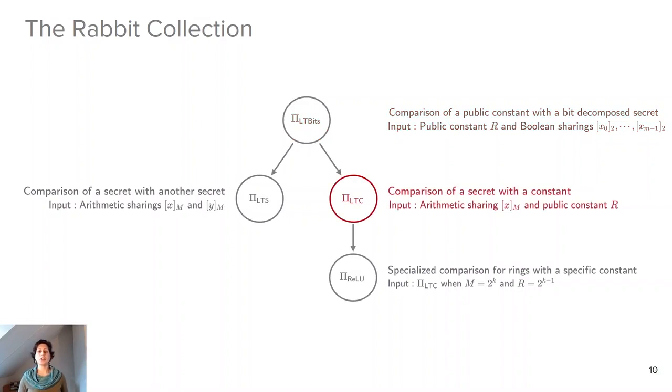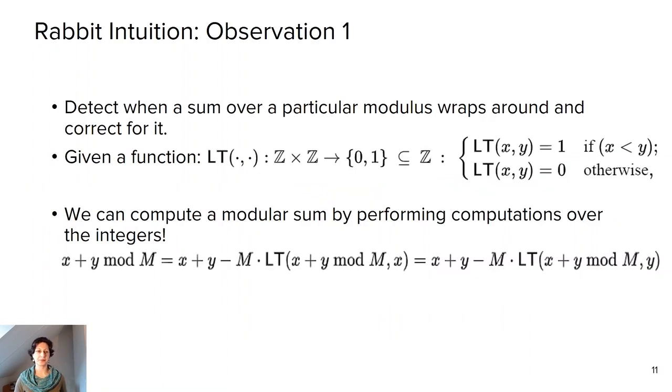This is a protocol that implements the less than function between an arithmetic sharing and a public constant. Now let me get you through the intuition behind it. Our first observation is that we can actually compute modular sums by performing computations over the integers.